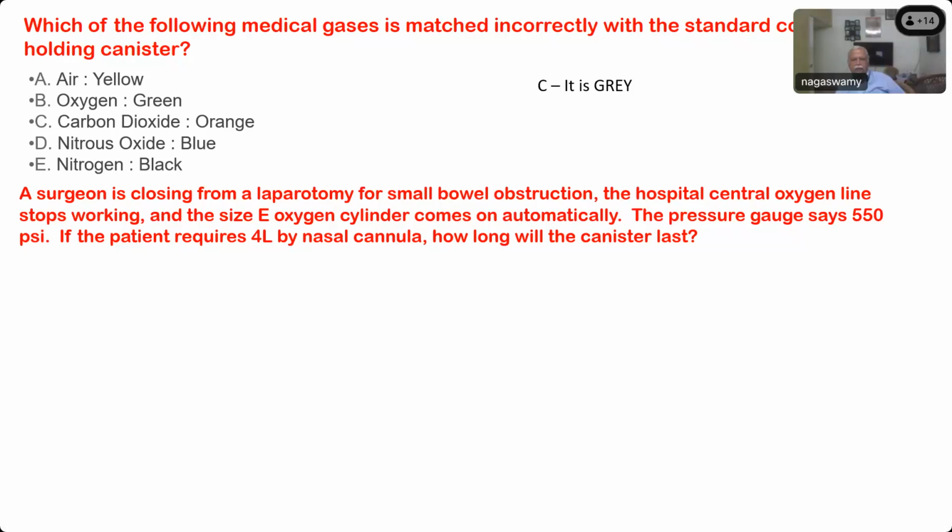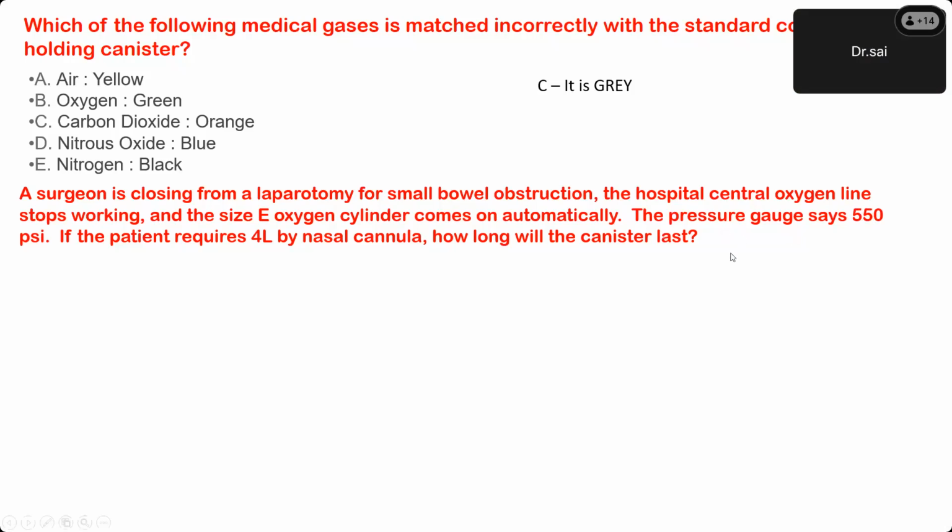What is the pressure of a full cylinder? PSI. 1800 to 2000. Normally it is 2200. Now it is roughly how much? 550. 550 means what proportion out of 2200? 1/4, sir. 1/4, 25%.